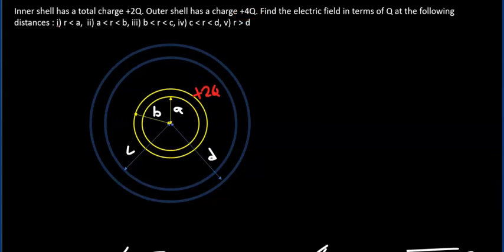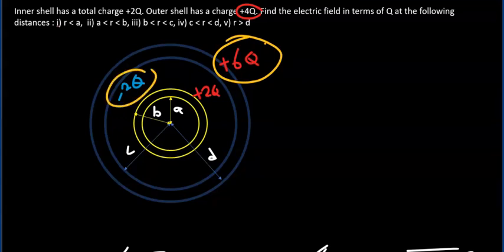So that means the inner surface of the outer shell will contain a total charge of minus 2q. Since the total charge of the outer shell is plus 4q, the outer surface of the outer shell must contain positive 6q, because only then plus 6q plus minus 2q will be plus 4q.